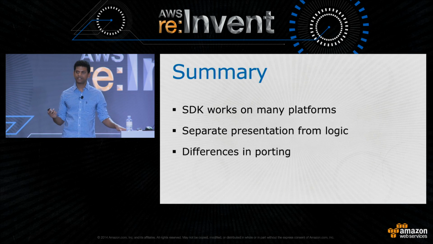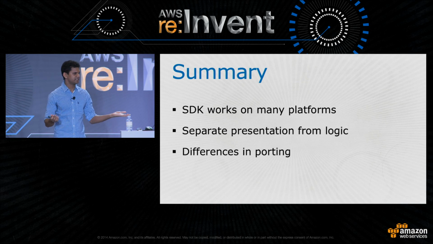Also, it is absolutely essential for you to separate your business logic from your presentation. This allows you to port your application to multiple platforms without having to change your business logic itself. What we've used to help us achieve this is a very simple message passing system that we're using to communicate with UI components in different environments.